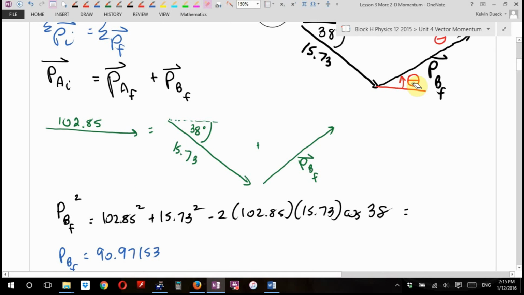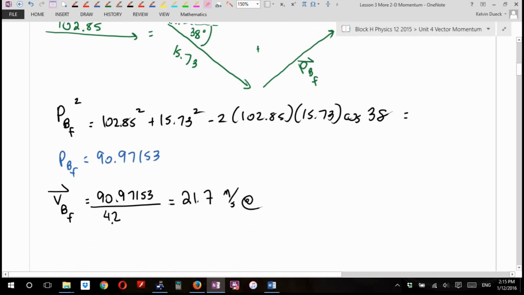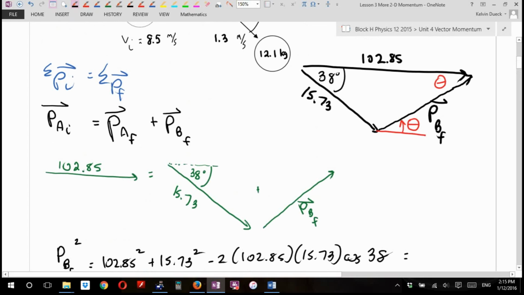By the way, what is this? What of what? North and south. How big? Sine law. I think I can say the sine of theta over what? What goes with theta?